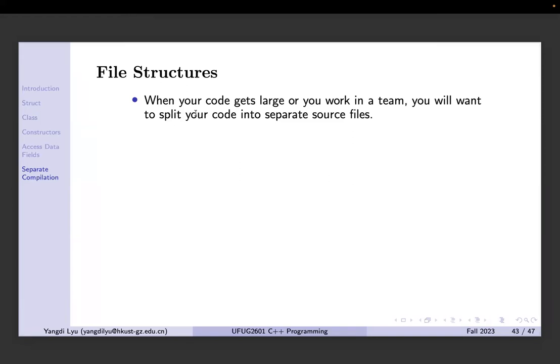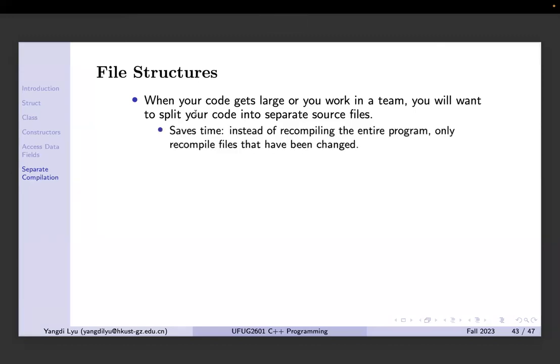If you are working in a group, you're responsible for implementing some of the classes, but the interface you need to agree on first, especially for a large group. And you can separate them into different source files. One benefit is compilation time. Whenever you separate classes into different files and modify one file, you don't need to recompile the whole project. The only thing that needs to be recompiled is the ones that were changed.